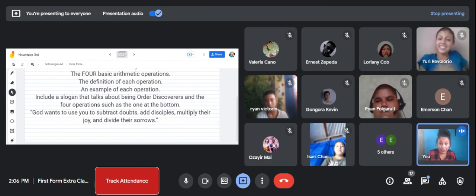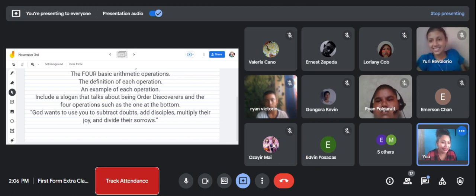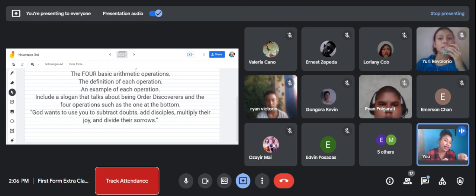This is an example that I made. Well, I didn't really make it, I copied it from the internet, but you guys have to make something like this. It says God wants to use you to subtract doubts, to add disciplines, to multiply their joys, and to divide their sorrows. So your statement has to have the words subtract, add, multiply, divide, and something else.